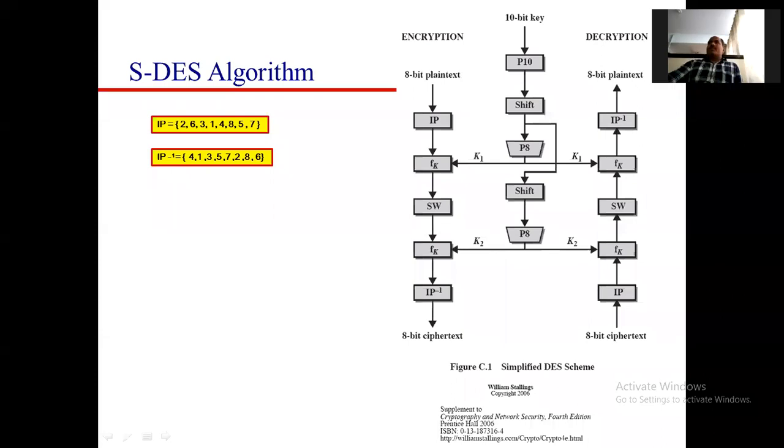So this is the algorithm, the SDES algorithm. It is divided into 3 different parts.